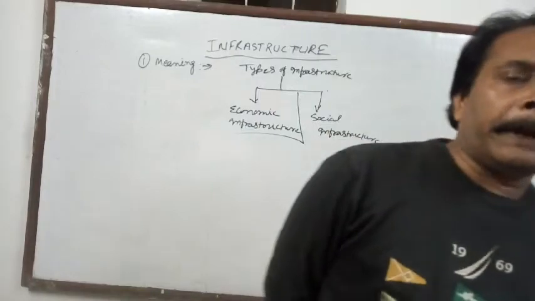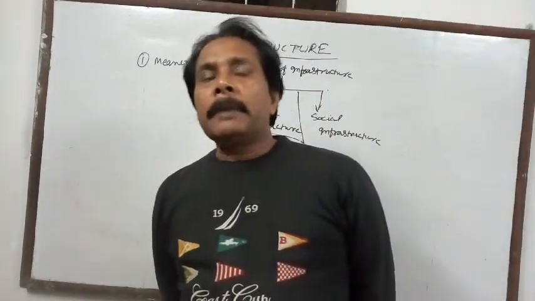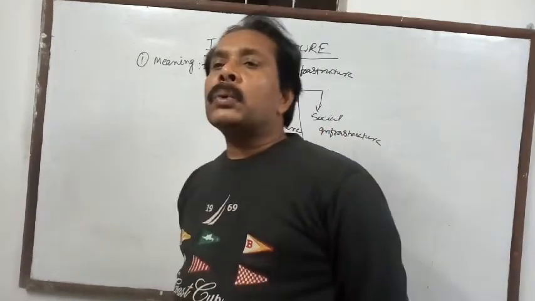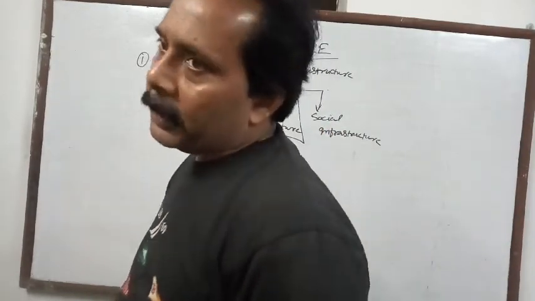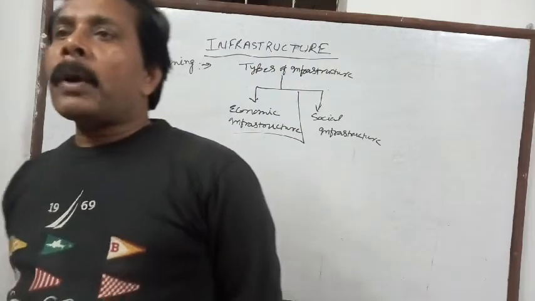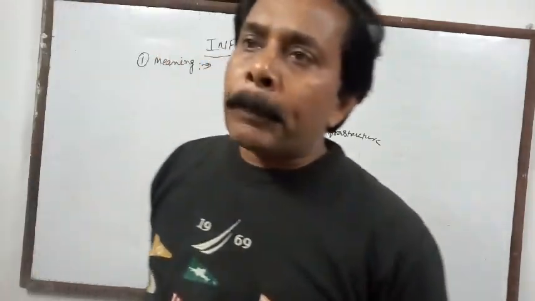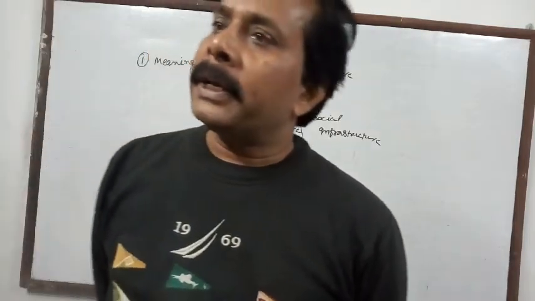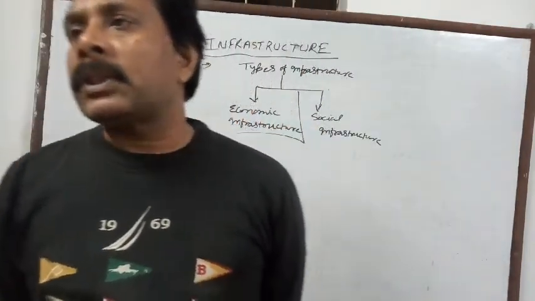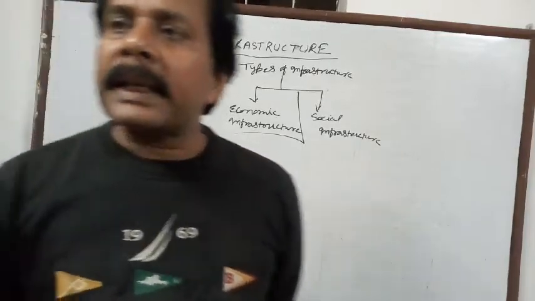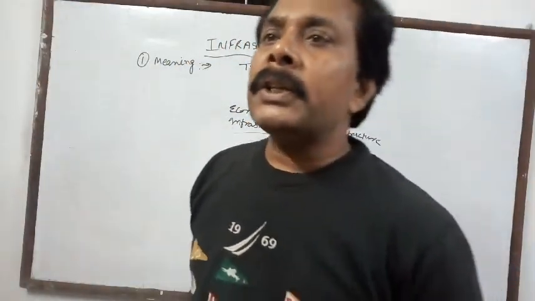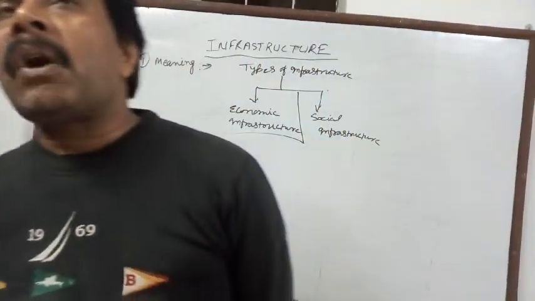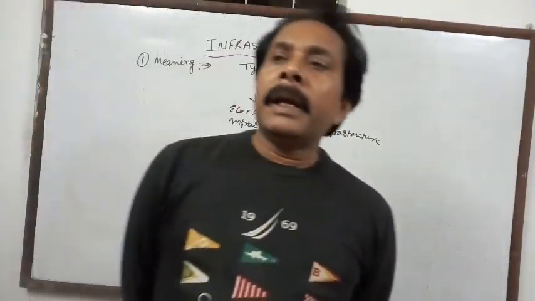So in this way, we can differentiate between economic infrastructure and social infrastructure. Once again, economic infrastructure supports the economic system directly. Here you will say it supports the economic system indirectly. Second, it enhances the quality of economic resources and increases the efficiency of physical capital.